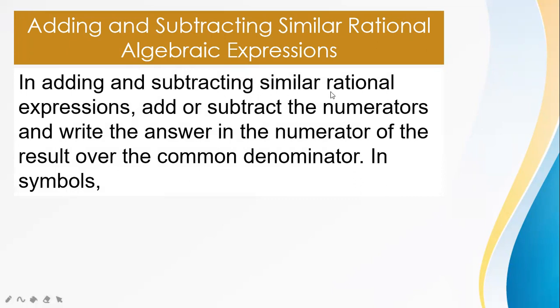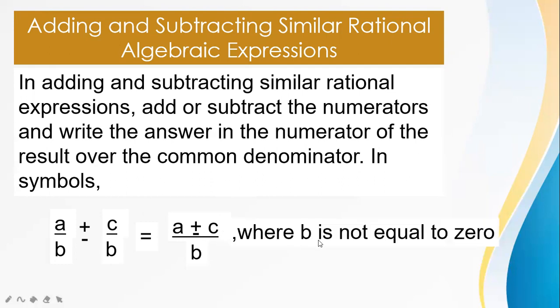In adding and subtracting similar rational expressions, add or subtract the numerators and write the answer in the numerator of the result over the common denominator. In symbols, we have A over B plus or minus C over B equals A plus or minus C over B, where B is not equal to 0.